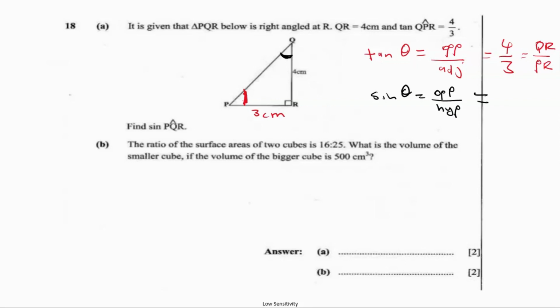In this case, the opposite of angle Q here is 3, and we have the hypotenuse here. What we don't know here is the value of the hypotenuse.